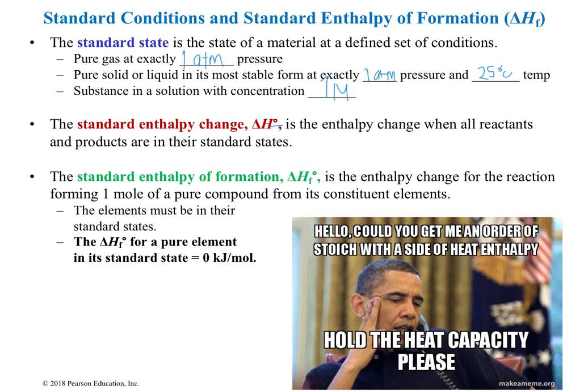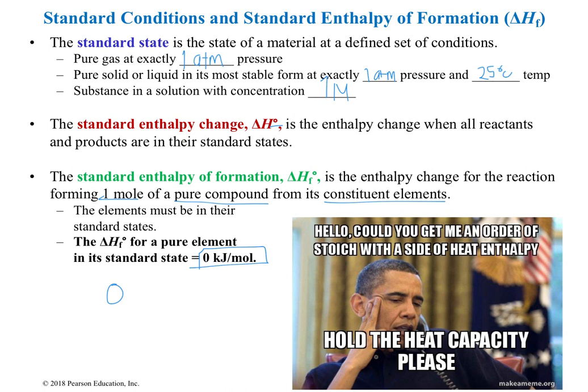And when we talk about enthalpies of formation, we're talking about the enthalpy associated with creating 1 mole, specifically, of a pure compound from its constituent elements in their standard states. And when that happens, those elements in their standard states, by definition, have an enthalpy of formation of 0. So, for example, how does oxygen show up in nature?